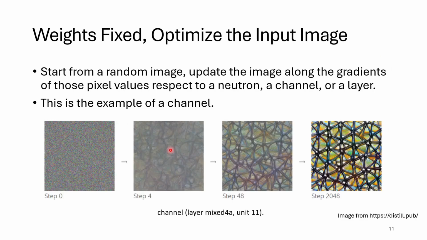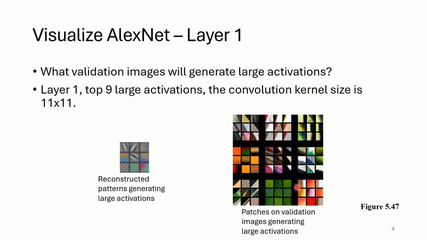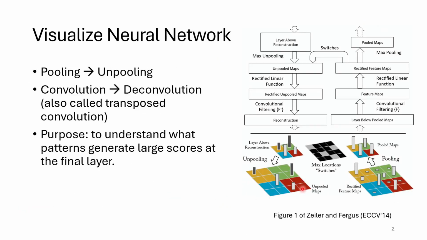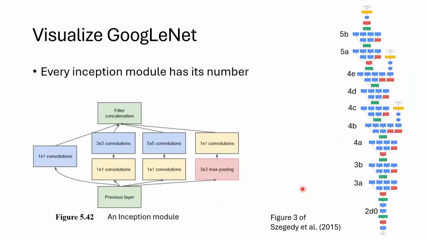So there is a paper. It is published online, not in any conference, but you can find it online. So they developed a method. Unlike the zero-out and focus method, they try to remember the position of max pooling.